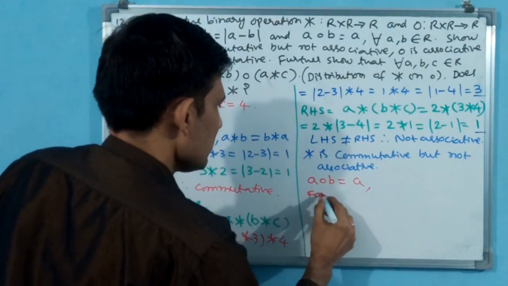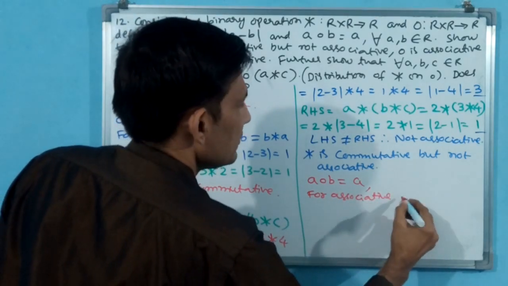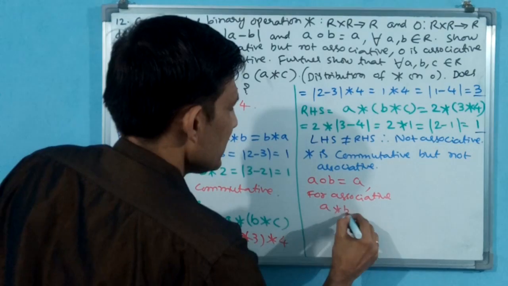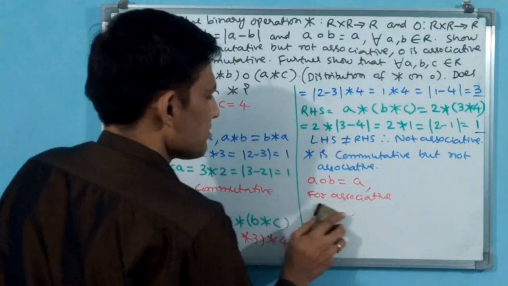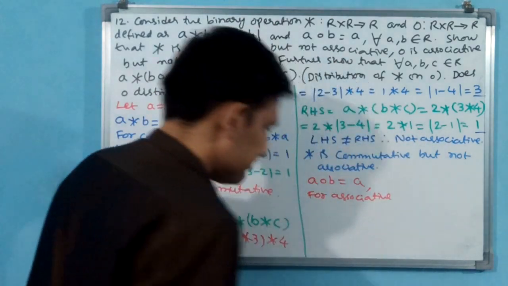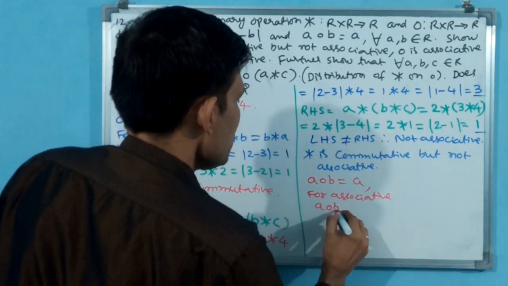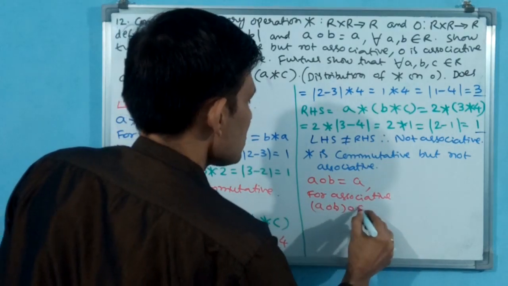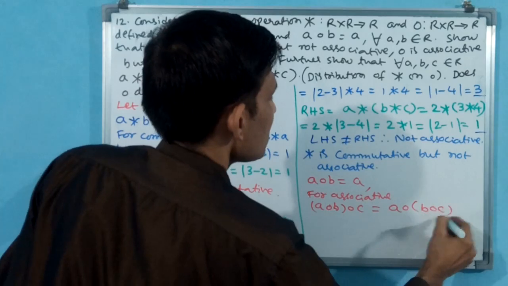For associative, A star B, sorry, not star, here A O B. Now the operation has been changed. (A O B) O C should equal A O (B O C).